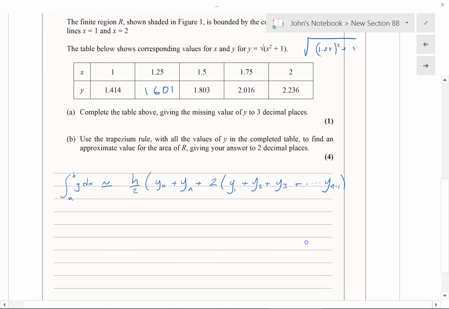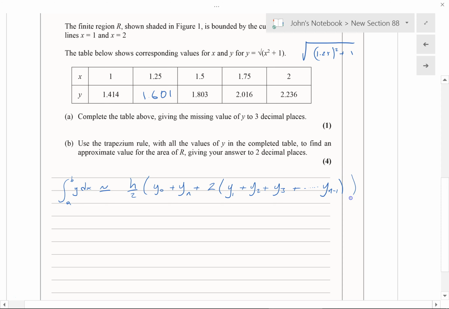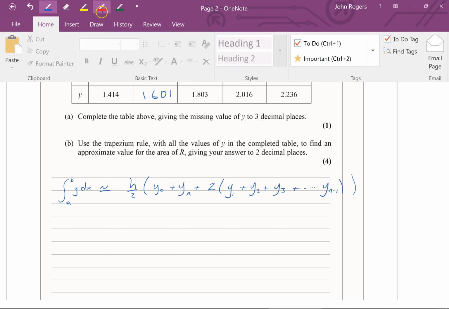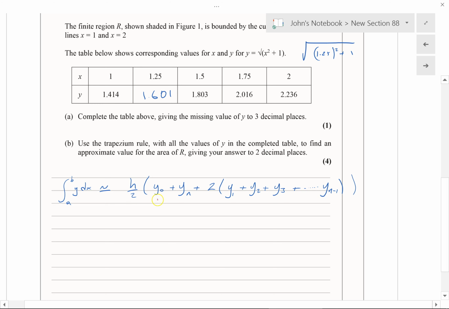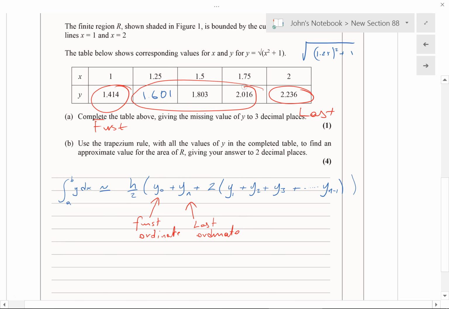Okay, so what if I annotate that? This really is the first ordinate. This one here is the last ordinate, so the first is this one, the last one is this one, and these are our middle ones.